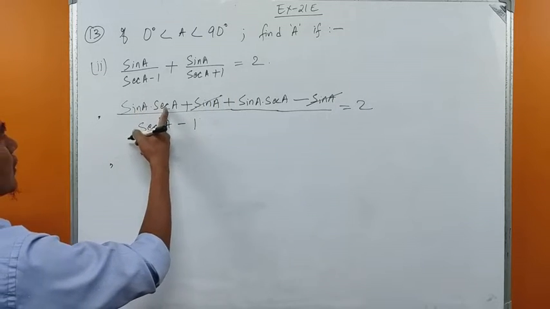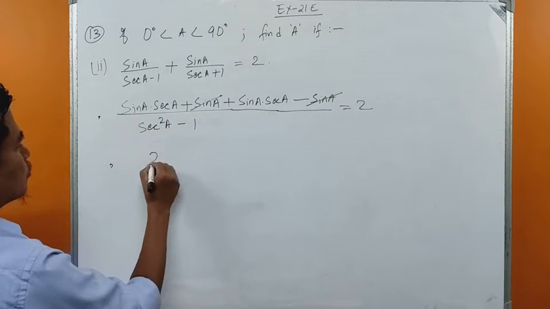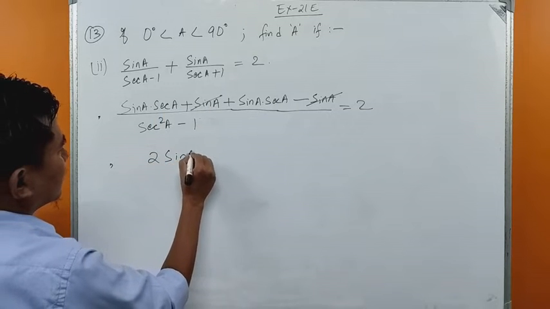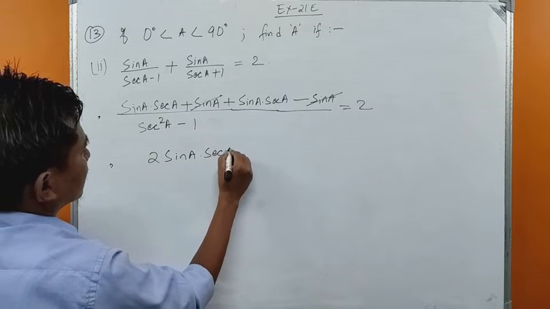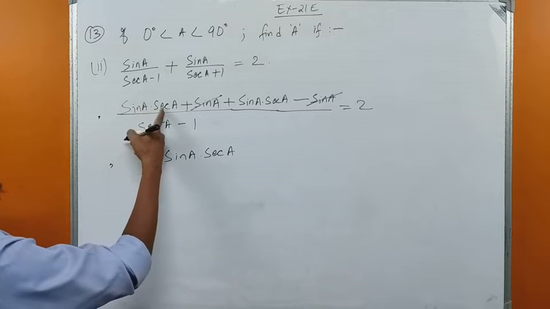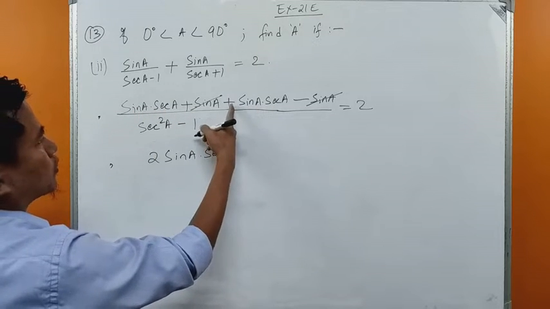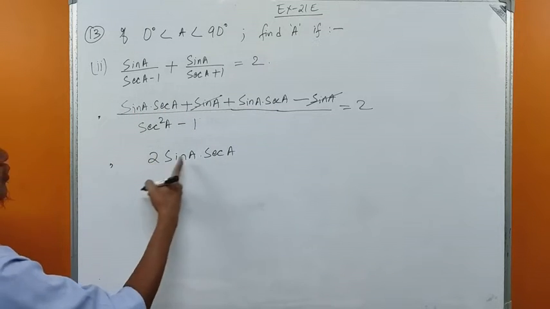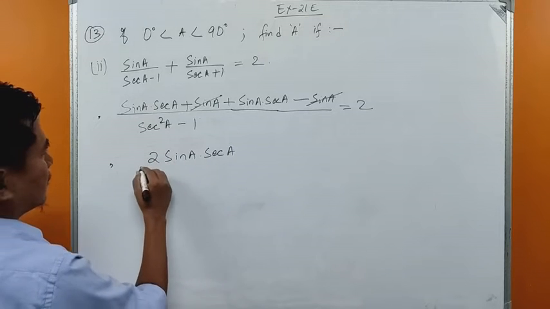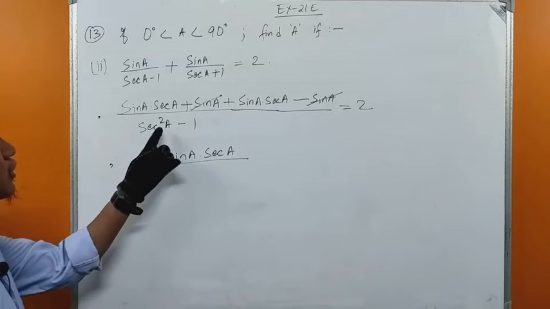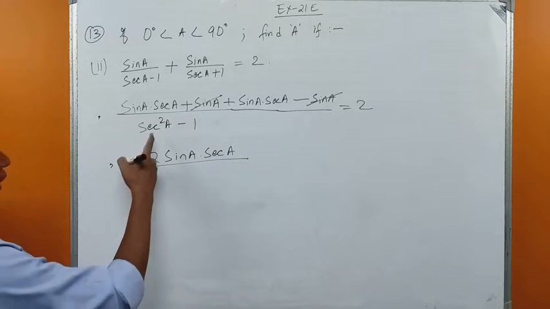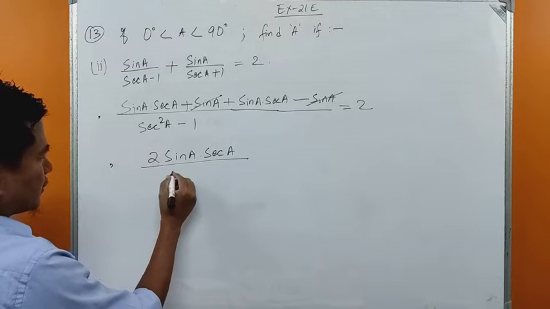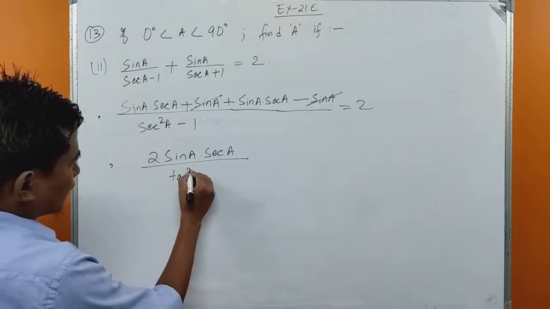So sin A sec A plus sin A sec A means 2 sin A into sec A, isn't it? Both are plus, so we add these two numbers. In the denominator we have sec square A minus 1. Sec square A minus 1 means tan square A, isn't it?